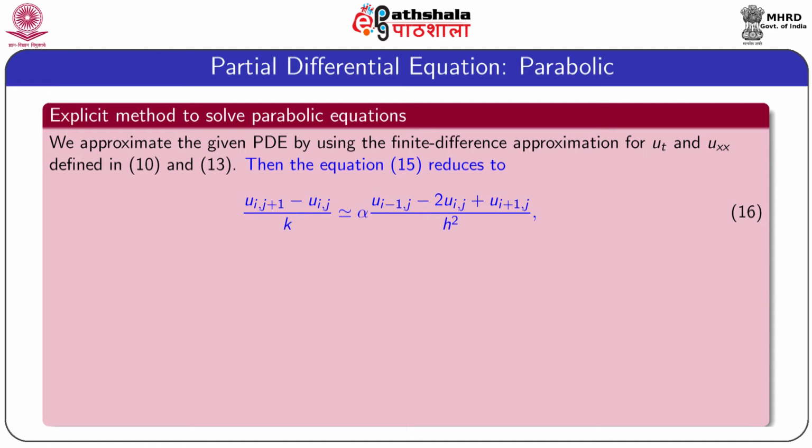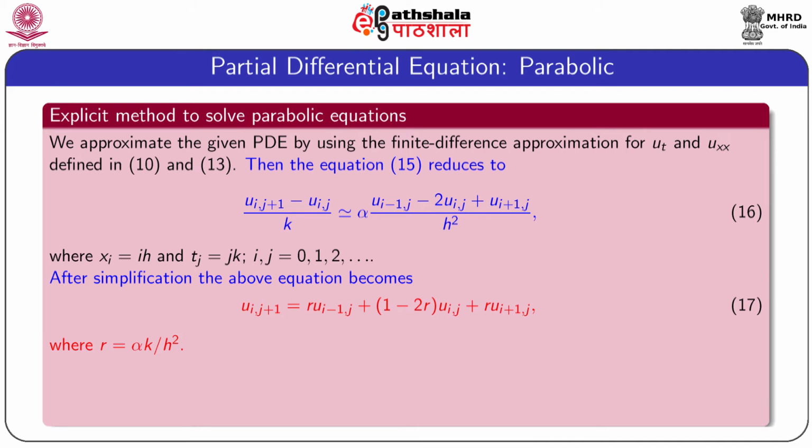After simplification, we get the following equation: u i comma j plus 1 equal to r into u i minus 1 comma j plus 1 minus 2 r u i comma j plus r into u i plus 1 comma j, where r equals alpha k by h square. Alpha is the given constant, and h and k are the step lengths along the x and y directions. So r is a very important parameter for this equation.